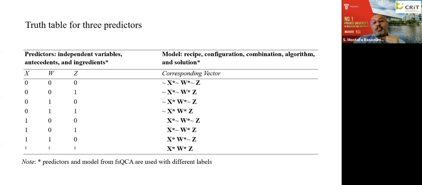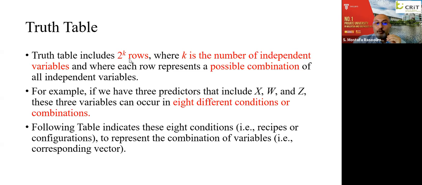In other words, in the truth table we can create 2 to the power of k rows, where k is the number of predictors, the number of independent variables. If we have 2, we can create 4 different combinations in the first place. If k is 4 predictors, we can create 16 possible combinations of independent variables.